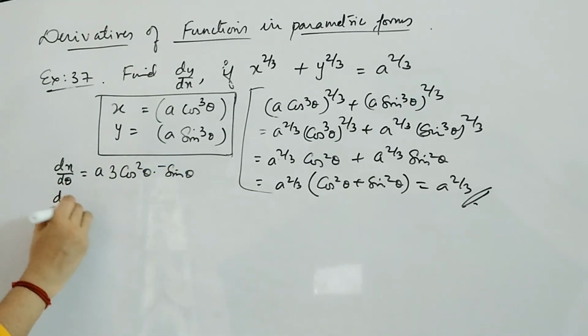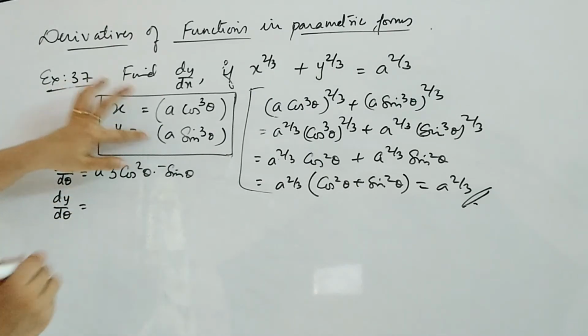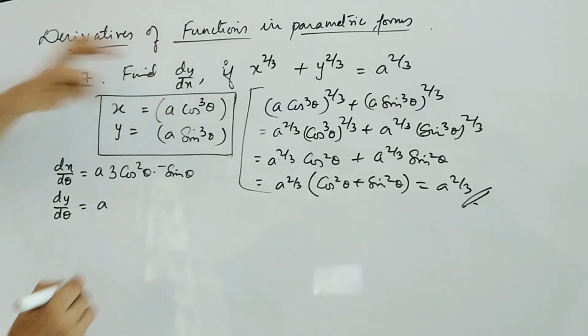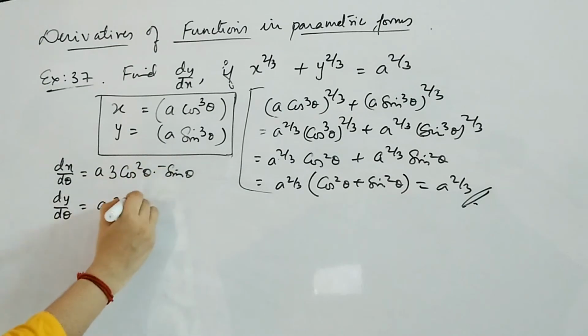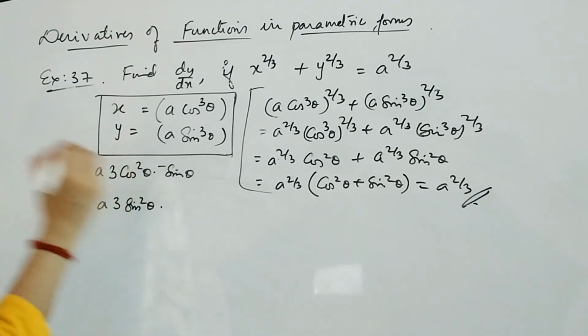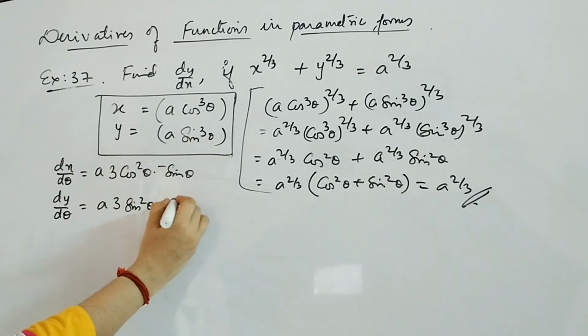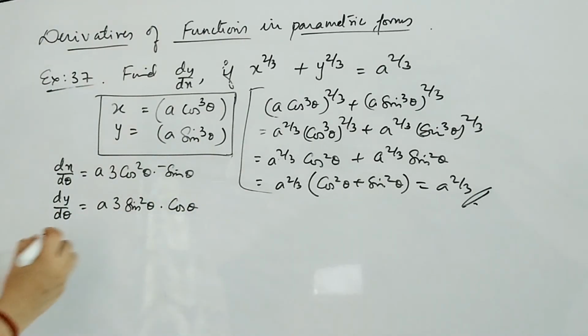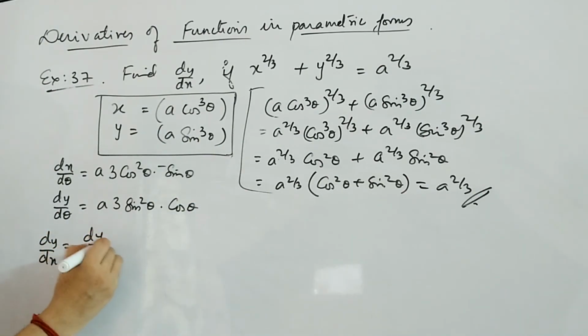Now again for dy by d theta you have a into the derivative of sin cube theta, which is 3 into sin square theta into the derivative of sin theta, which is cos theta. Now in order to find dy by dx, we need to divide the two.